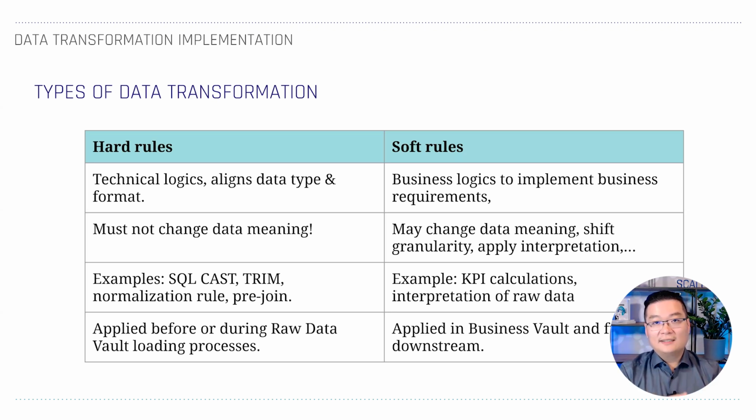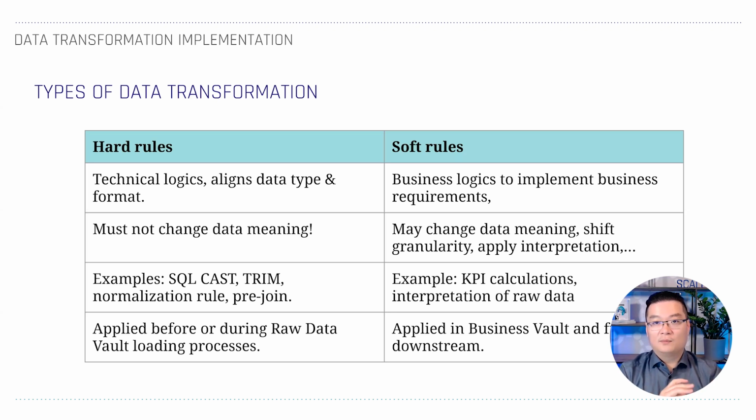These kinds of rules may change the meaning of data, introduce interpretation of the raw data from the business, and change the granularity, the original grain of the source data record. We do all this effort to produce information to cater to a certain business requirement or a certain business point of view, right?